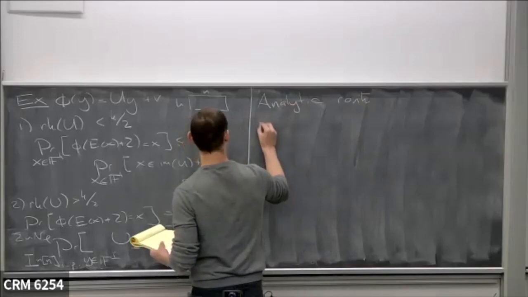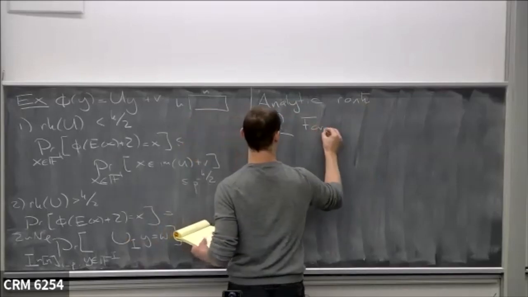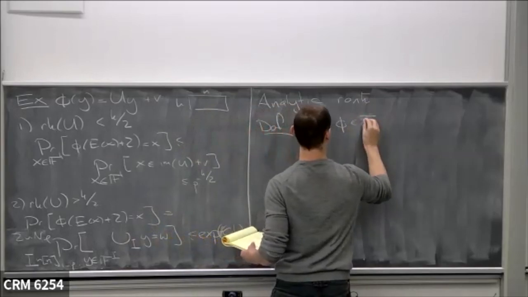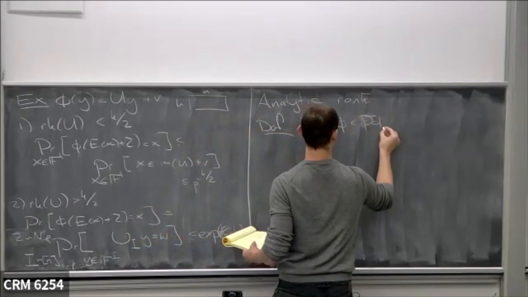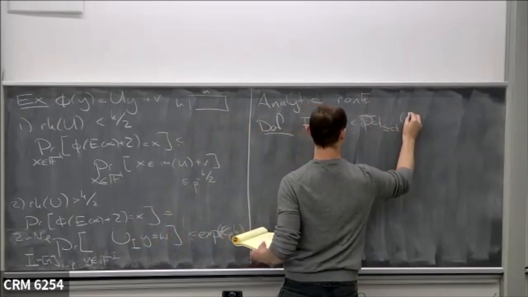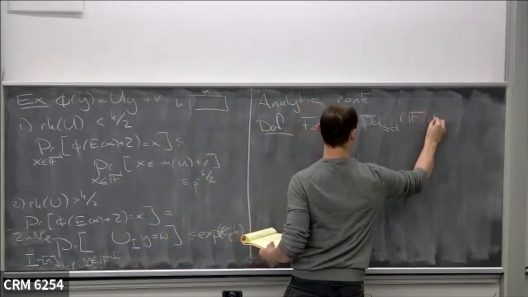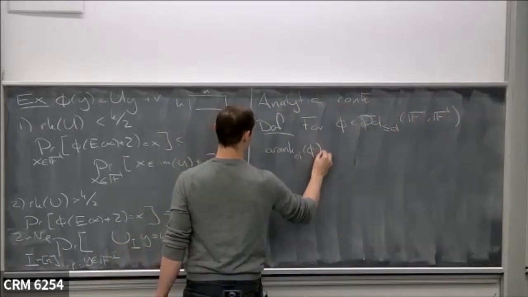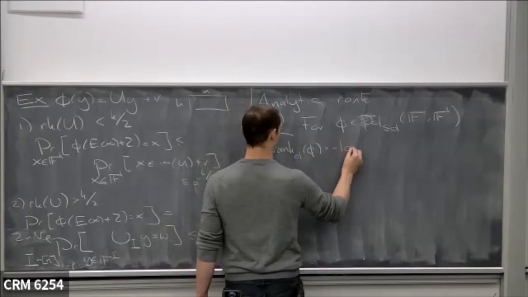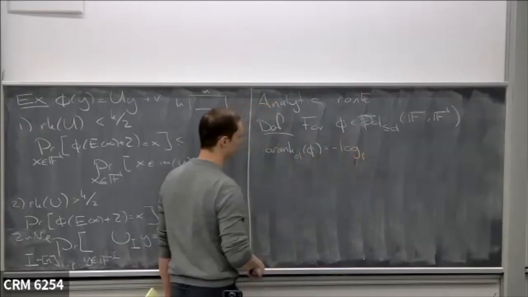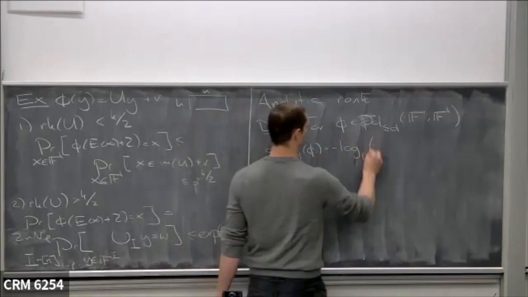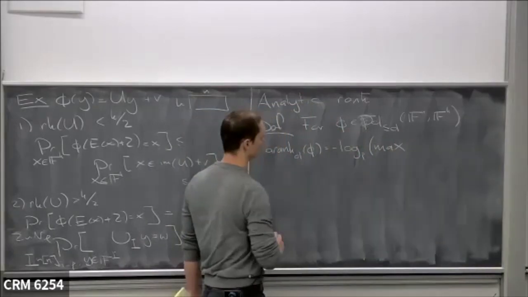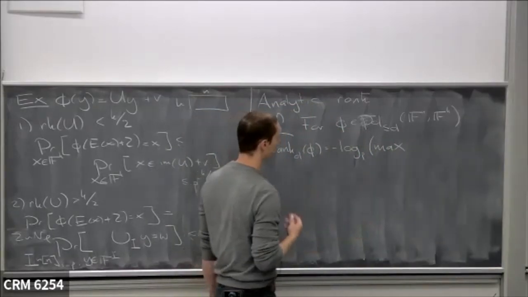So the definition is as follows: for a polynomial map phi, a polynomial of degree at most d from F^n to F^k, its analytic d-rank is defined as minus the logarithm base lowercase p (p was the size of the field we're working over) of the maximum over similar polynomial maps psi, but of degree at most d minus 1.